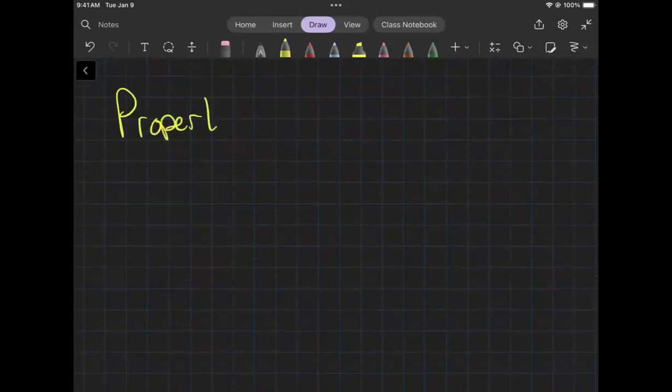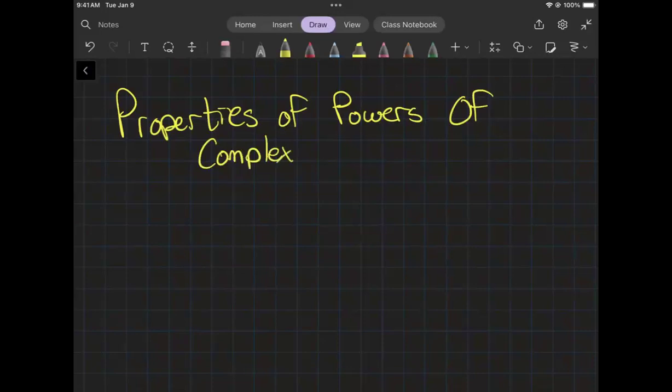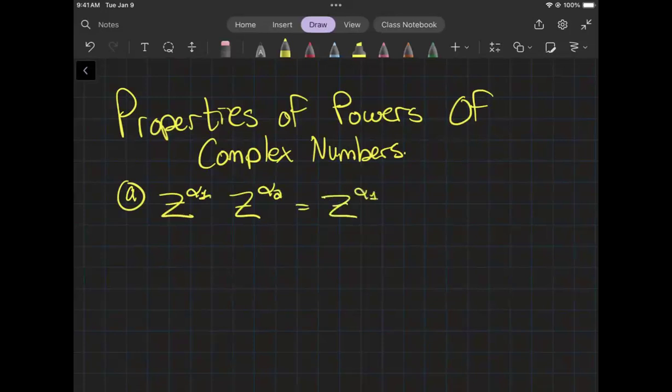These are the respective properties, which I left for you as an exercise to work with. z raised to alpha 1 times z raised to alpha 2 equals z to the alpha 1 plus alpha 2. z raised to alpha 1 divided by z raised to alpha 2 equals z to the alpha 1 minus alpha 2.